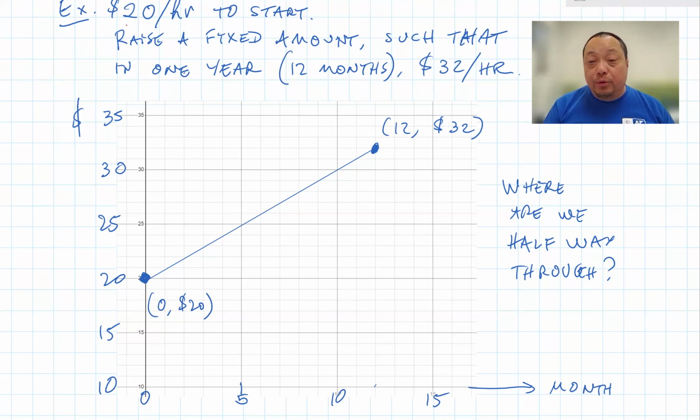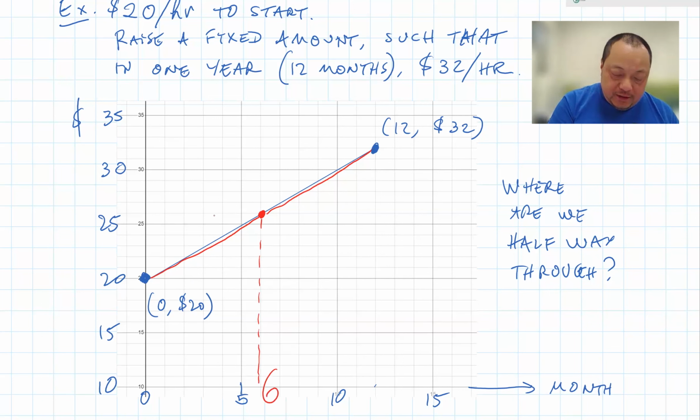Well, halfway through, we're at month 6, right? Halfway between 0 and 12 is 6. And halfway between $20 and $32 is $26. That is exactly halfway here and halfway there, where the X coordinate is 6 and the Y coordinate is 26.